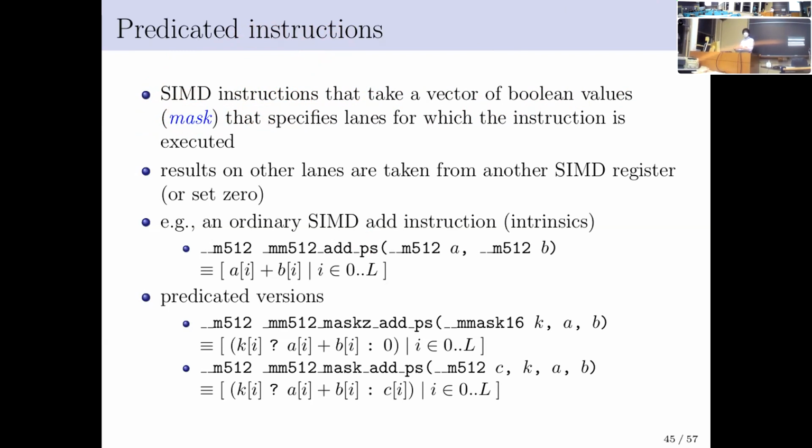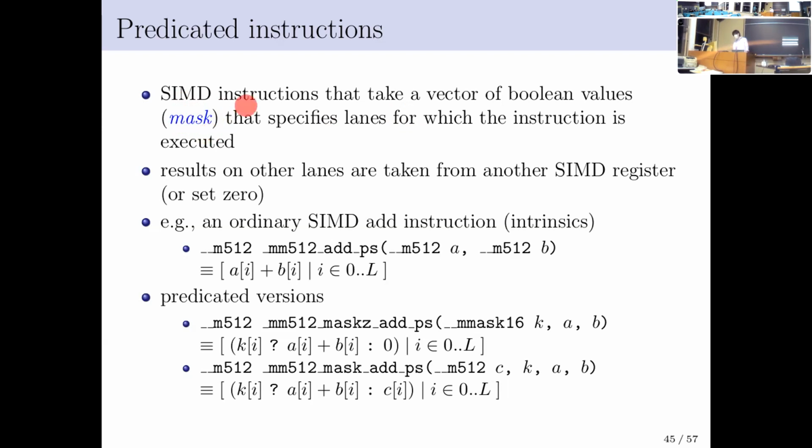The instruction takes effect only there. For example, the ordinary instructions operate on all 16 values in the registers, if each element is 4 bytes. But you can additionally specify a mask and say, okay, I will do this multiply and add instruction on this lane and this and this only, and the other lanes are not affected.